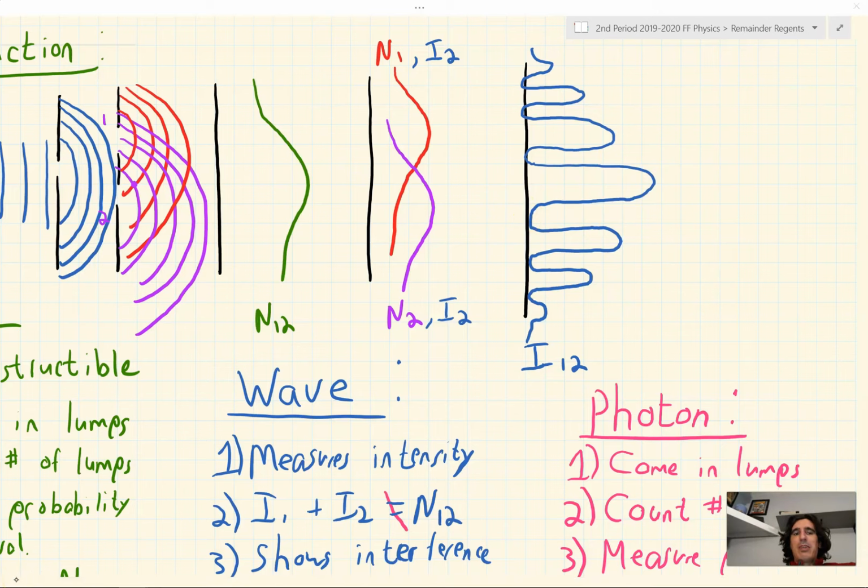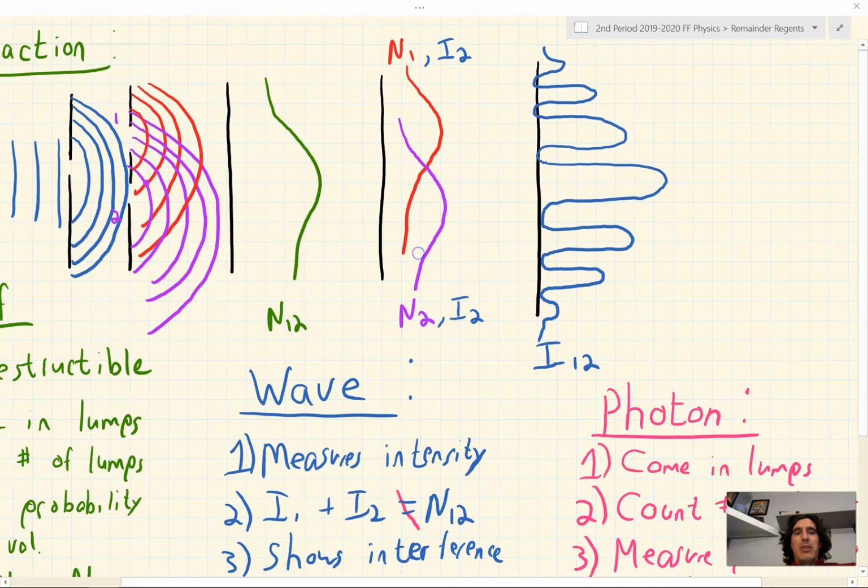So maybe all of a sudden light says, well, if I have just hole 2 opened, I'll get a lot of photons in this location. But if I have hole 1 and hole 2 opened, maybe for some reason there aren't any photons going through hole 2 right here.